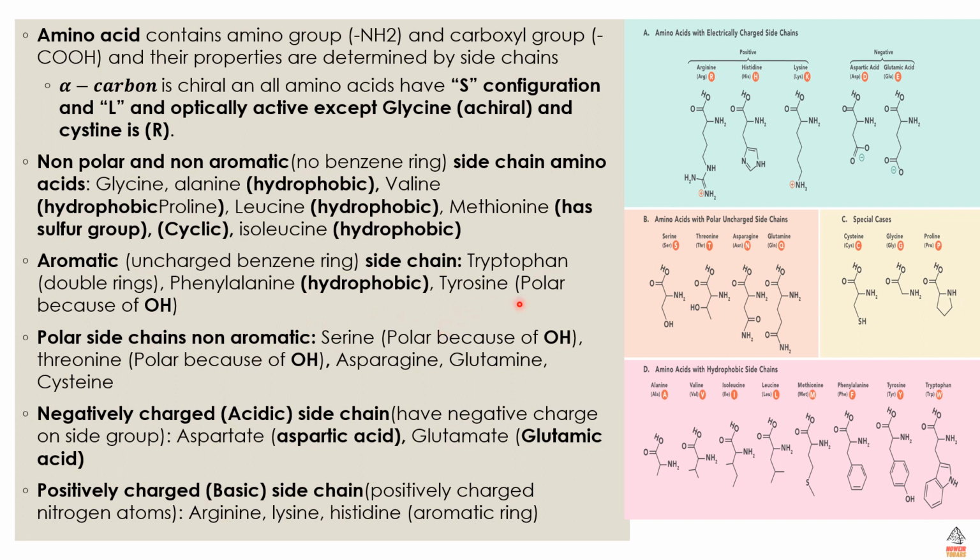And tyrosine, which is basically polar. Why is tyrosine polar? It's polar because of the OH group here, the alcohol group. This is why tyrosine is polar in comparison to phenylalanine, which we could say is alanine but with an aromatic or benzene structure.